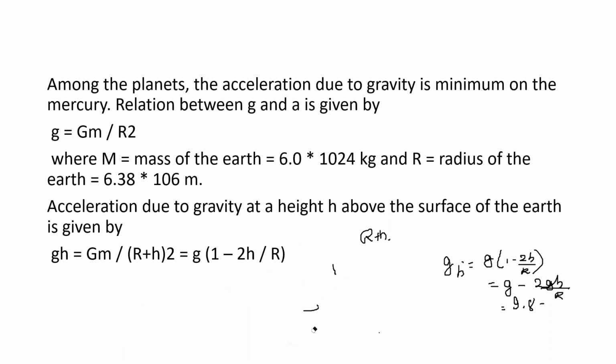How much it decreases depends on your h value, because in the expression, g is constant, that is 9.8, and R, the radius of the earth, is also constant. The only variable is h, the height at which you place the object. Based on that, your acceleration due to gravity will change. Is it clear? Next slide.